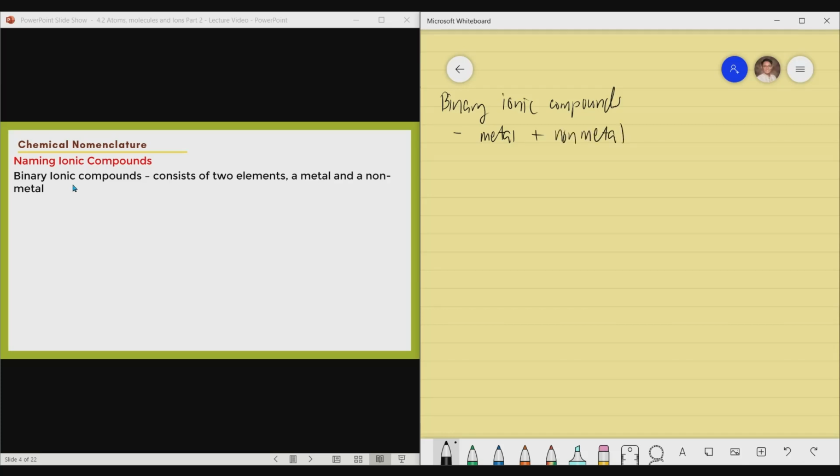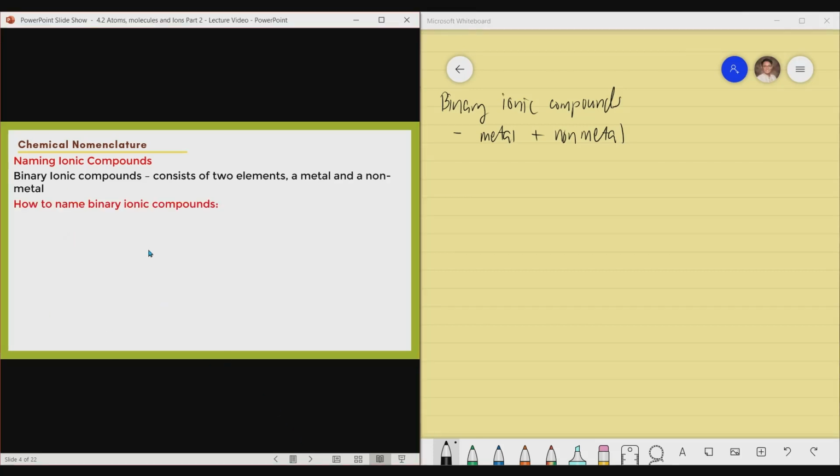So let this be a definition. An ionic compound is made up of a metal and a non-metal. So when you see a particular compound containing a metal and then a non-metal, you call it an ionic compound. Okay?